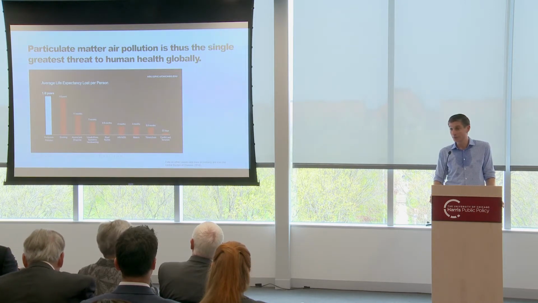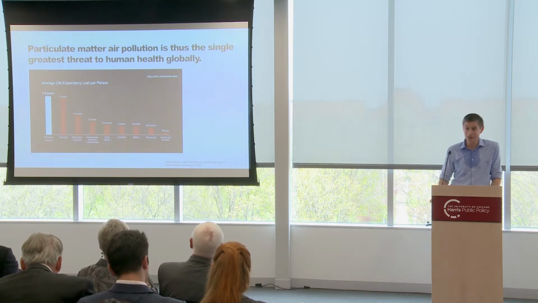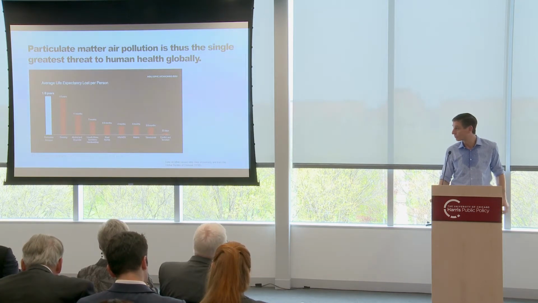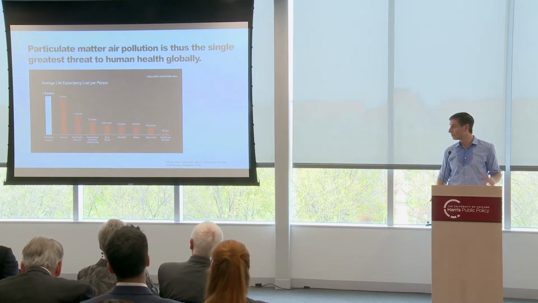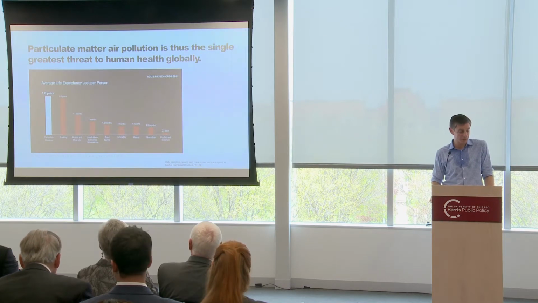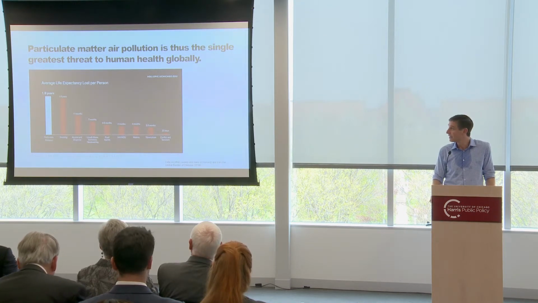One is cigarette smoking, and actually more life years are lost to air pollution than to cigarette smoking. That's given current cigarette smoking rates. If every man, woman, and child smoked, of course it would be different. But it's also larger impacts than on a variety of other external causes of death that people often talk about.